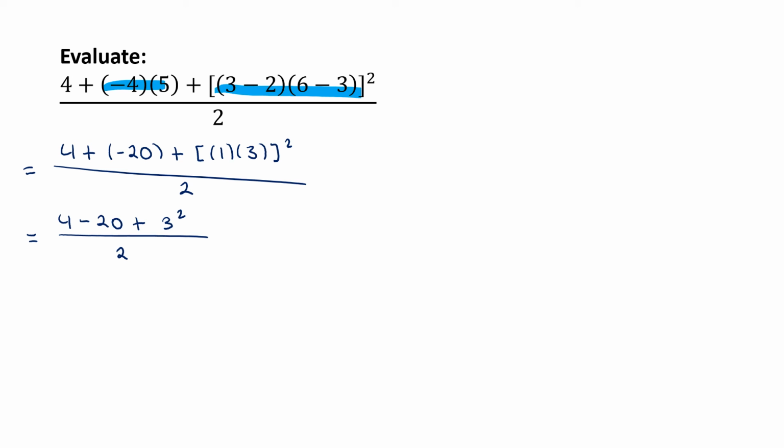And now that we got rid of all the brackets, after B is E, and E stands for exponents. So now we have to do the exponents. Over here, we can see that there's an exponent for 3 squared. So now we do 3 squared. This is equal to 4 minus 20 plus 9, and it's still over 2.